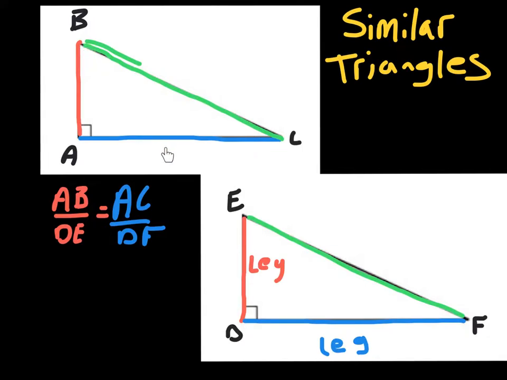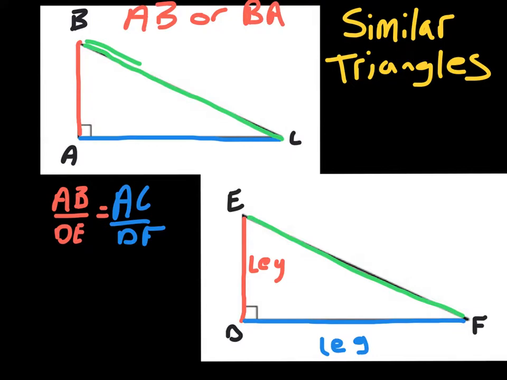We name a triangle side by naming the two points that are the endpoints of that line. So the red side is side AB. It can also be named side BA. You'll see it written like this, AB, or it can be BA.